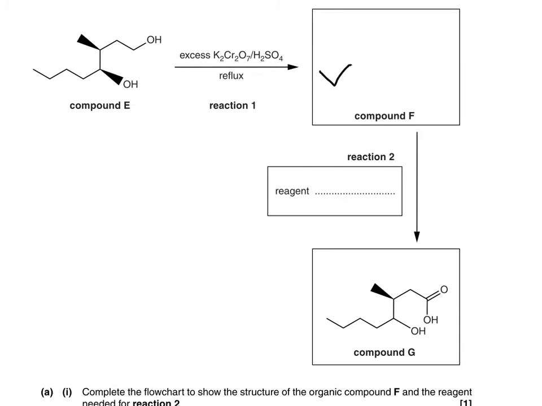So I start off and I draw the bits of the molecule that are not affected, and then I think about the two that are affected. So this group here is a secondary alcohol, so that's going to form a ketone when it's fully oxidized, and this group here is a primary alcohol, so that is going to form a carboxylic acid when it's fully oxidized. Sorry about the wobbly lines.